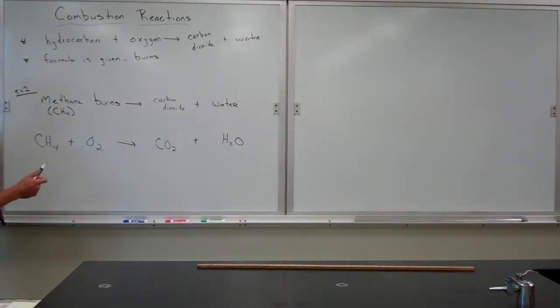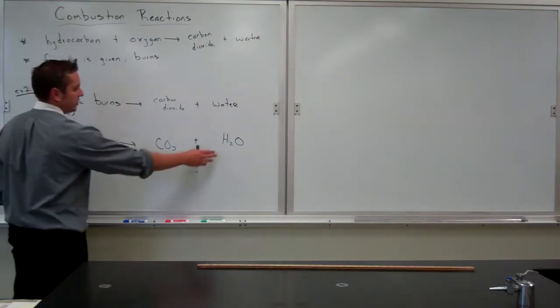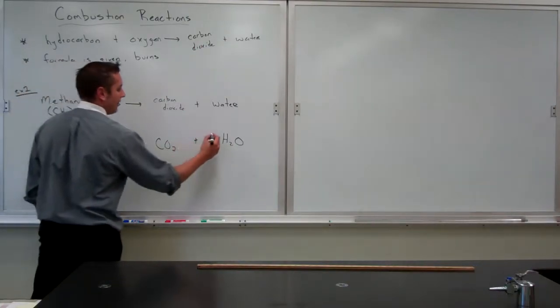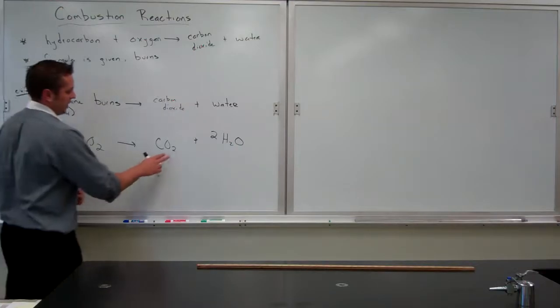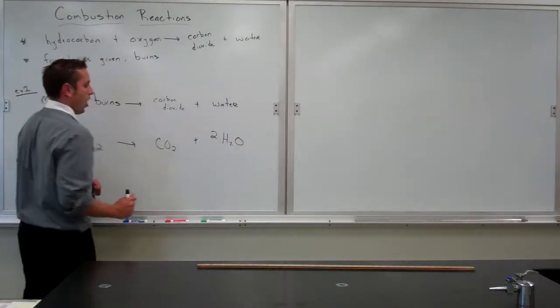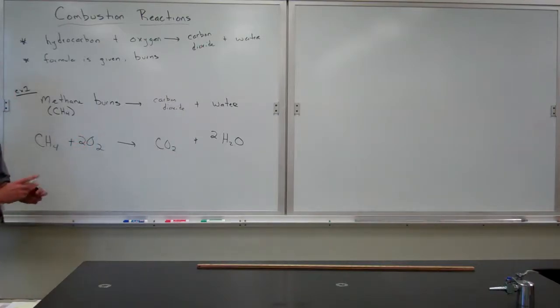Last but not least, we would have to balance it. So I see carbon, hydrogen, and oxygen. We have to save H and O for last. So I see 1 carbon, 4 hydrogens, 2 hydrogens. So to balance that, I'll put a 2 here. 2 oxygens, and 2 plus 2 more oxygens is 4. So to get 4 O's to this side, I would put a 2 right there.